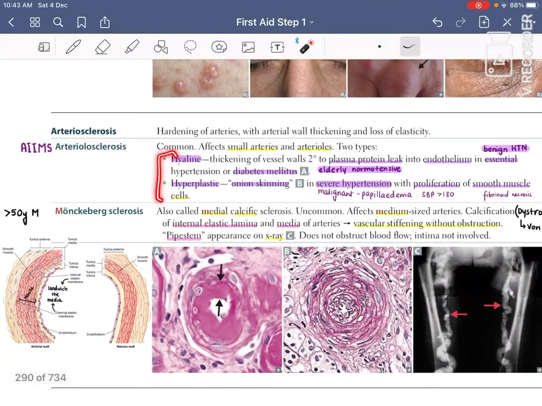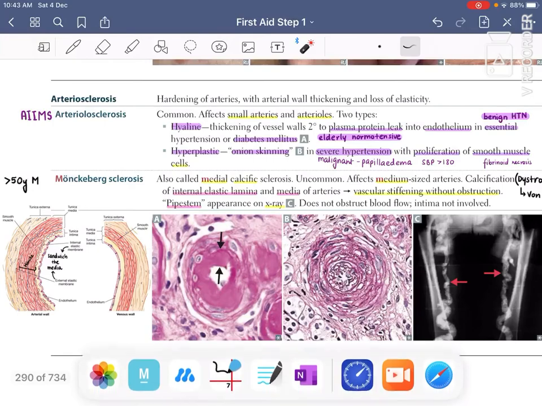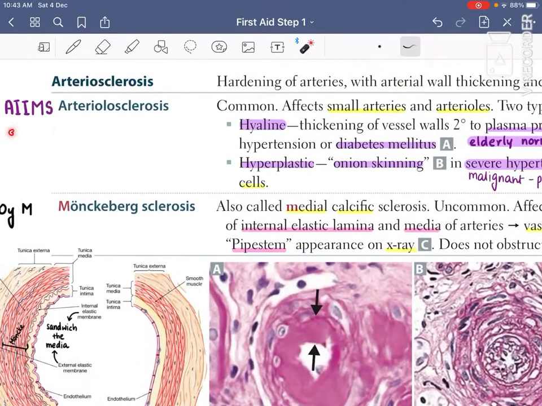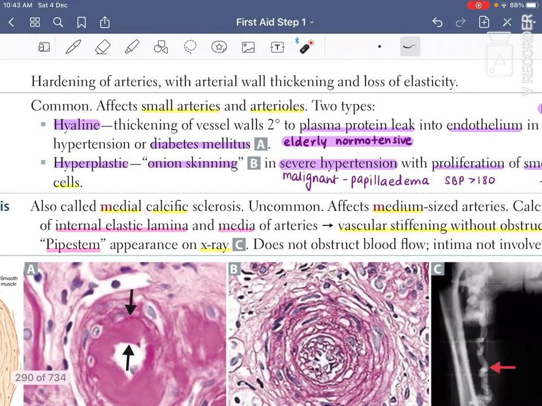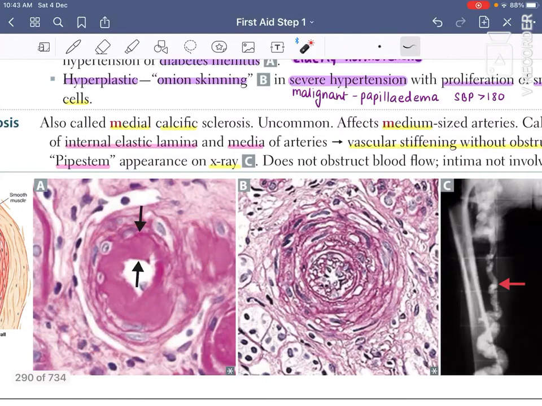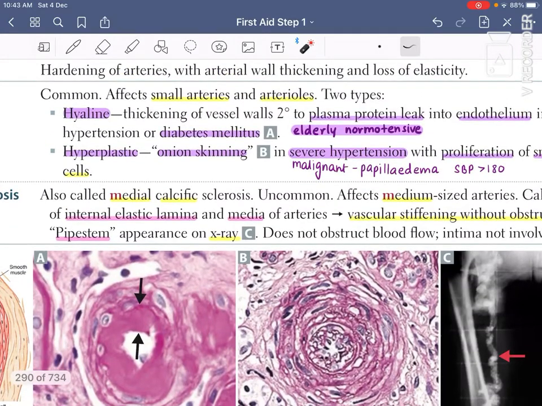And this is something that has come in AIIMS. Everything that is put in purple is something they asked. They gave this image of the hyaline and asked the question. Maybe next time you can expect they'll give something about hyperplastic, maybe this image, or maybe even this Mockenberg thing.